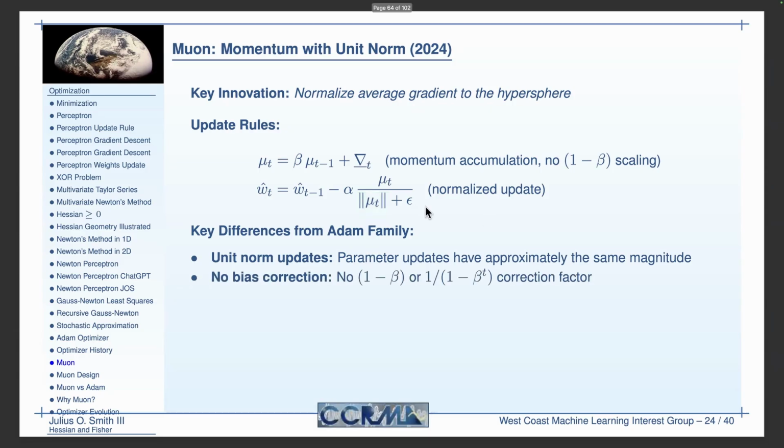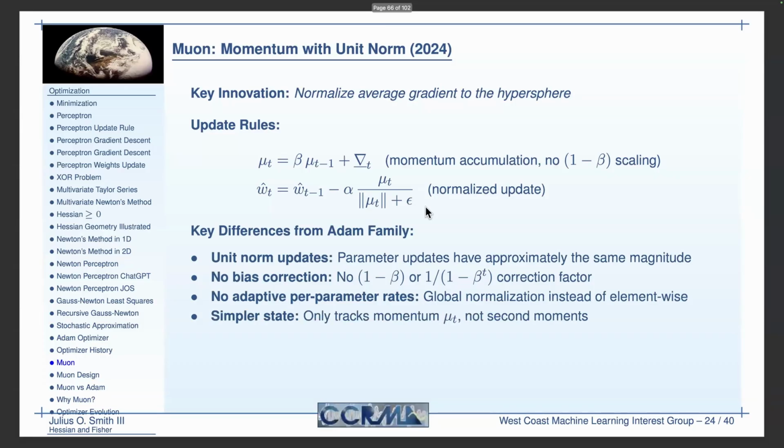And so we have unit norm updates. We have no bias correction. We have no adaptive per parameter rate estimates. It's global normalization instead of element-wise normalization. You only have to track momentum, not second moments, but you have to compute the norm of the gradient. That's even worse. The second moments were just element-wise, and those partition nicely.